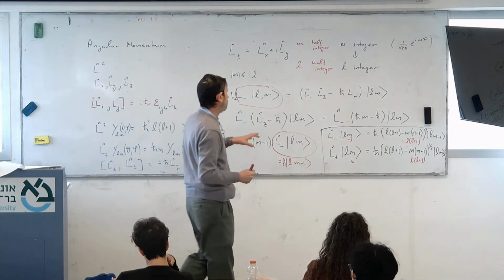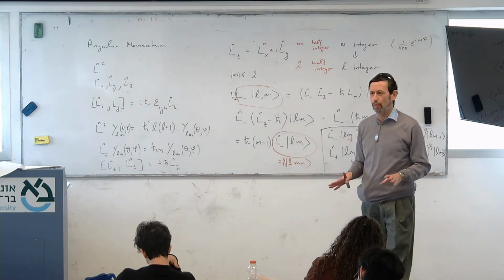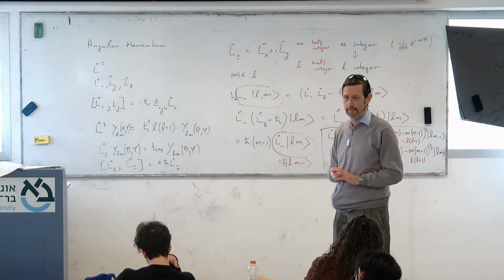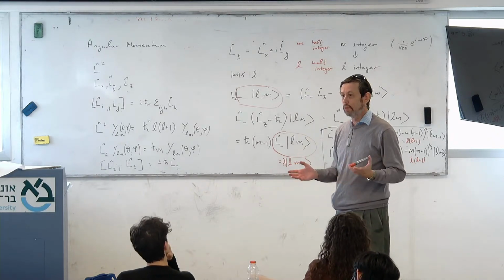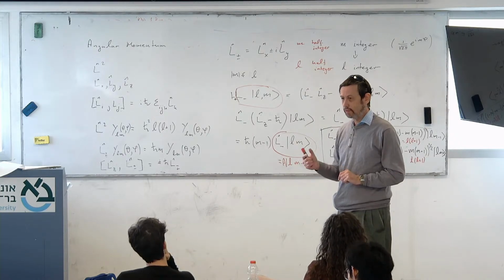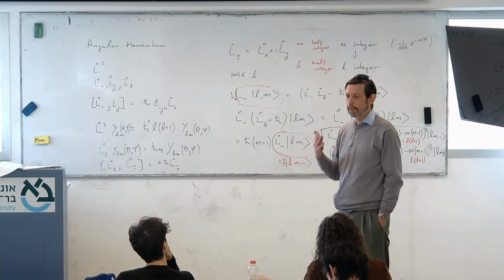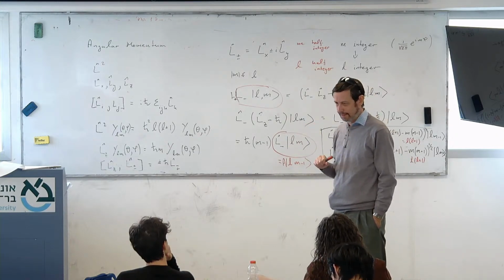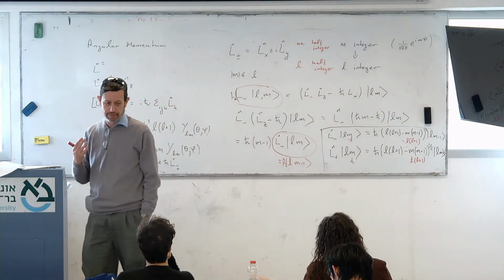Now, in parentheses, and without going into any detail, the only place where this breaks is in two-dimensional systems. For rotations in two-dimensional systems, both spin and angular momentum can be other fractions.